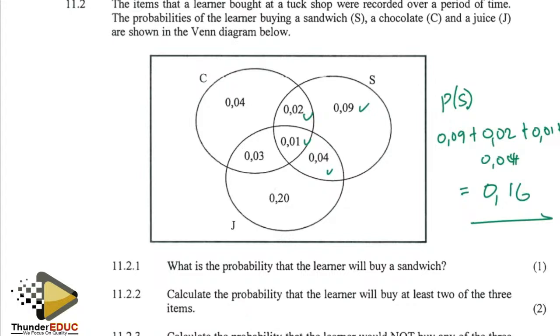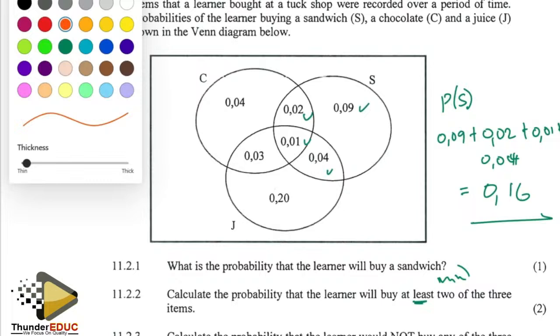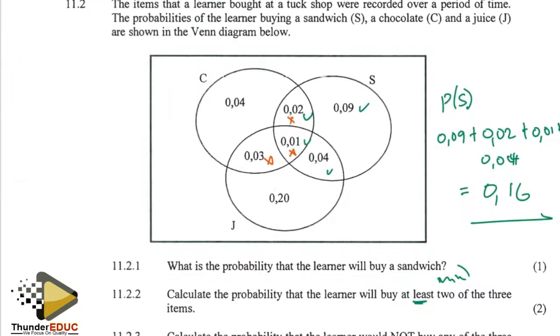Then calculate the probability that the learner will buy at least 2 of the 3. Now, when they say at least, they are simply telling us that the minimum is 2. We're not being told of the maximum, so the maximum can even be 3. So the points of interest will be this 3, this 2, this 2, and then that. So for 11.2.2, we're going to have 0.02 plus 0.01 plus 0.03 plus 0.04.